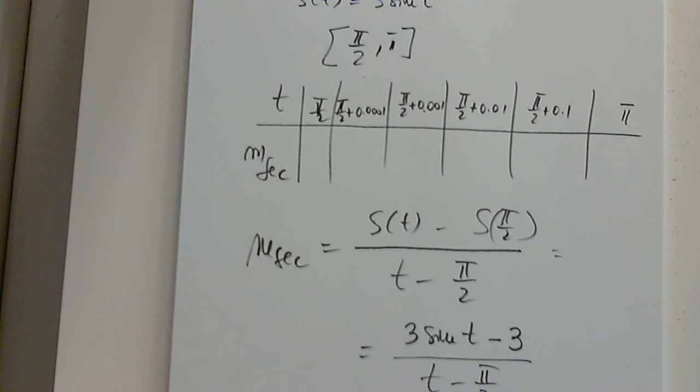Then we plug in pi divided by 2 plus 0.01. And then pi divided by 2 plus 0.001. And I think we have one more, right? Yes, one more. Pi divided by 2 plus 0.0001.